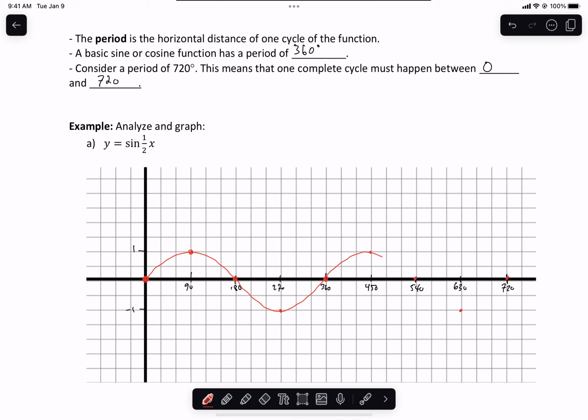Okay, so there's the graph, 2 cycles of the graph y equals sine x, or sine theta, ranging between +1 and -1.